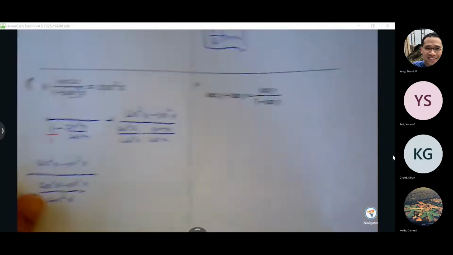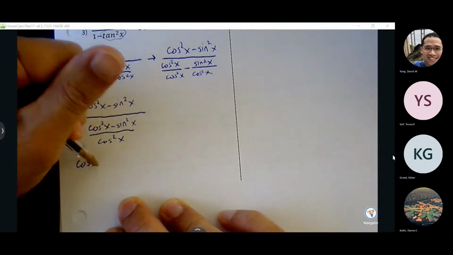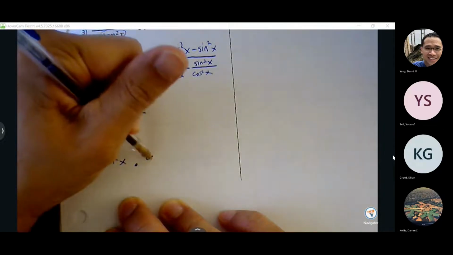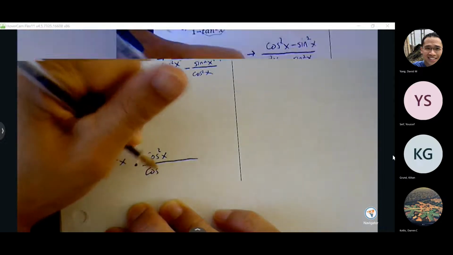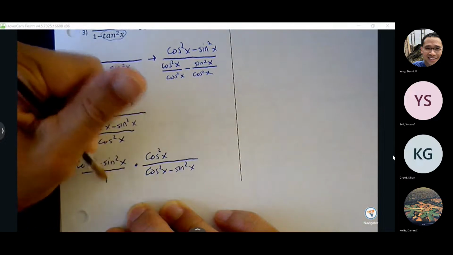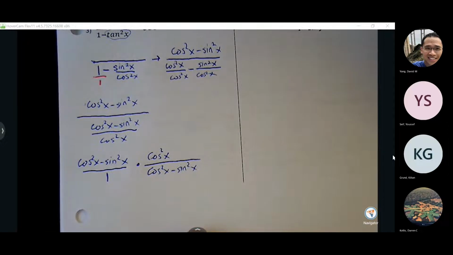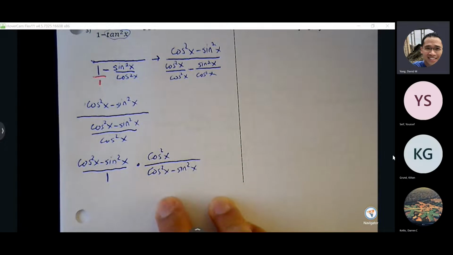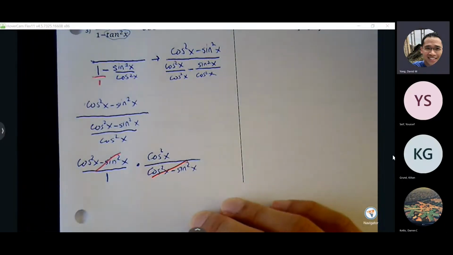So I can flip that up to the top. Okay, cosine squared minus sine squared. Left with cosine squared.